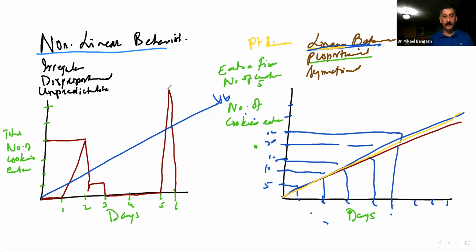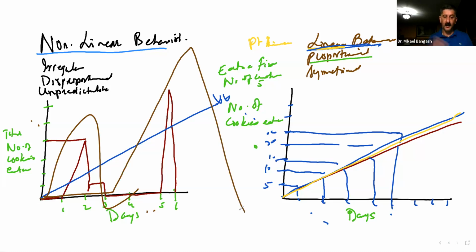But we can mainly say, when we plot a graph between 2 parameters, where one of them displays a non-linear behavior, you will not get a graph like this, but you may get a graph that goes like this and then all of a sudden like this, whatever. Clear? Or you may get a graph that goes like this.